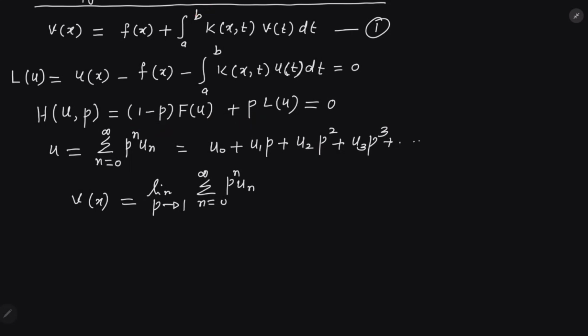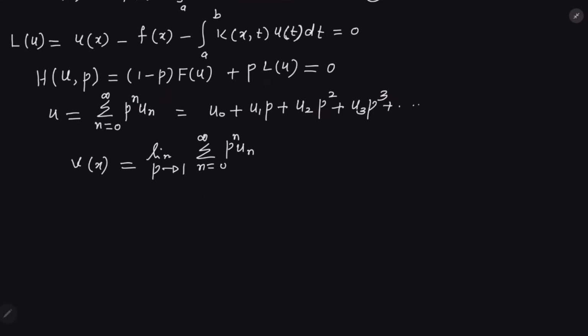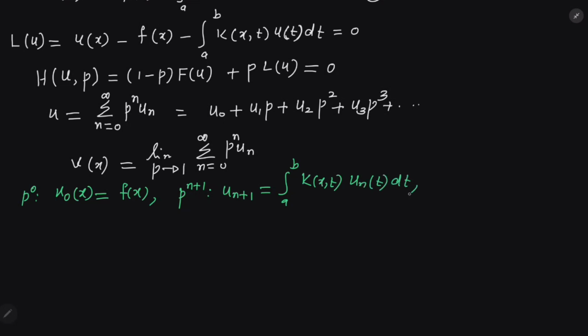At the end, when we put all these values together and compare the coefficients, we get u0(x) equal to f(x), and u_{n+1} equal to the integral from a to b of k(x,t) u_n(t) dt, for n greater than or equal to 0.